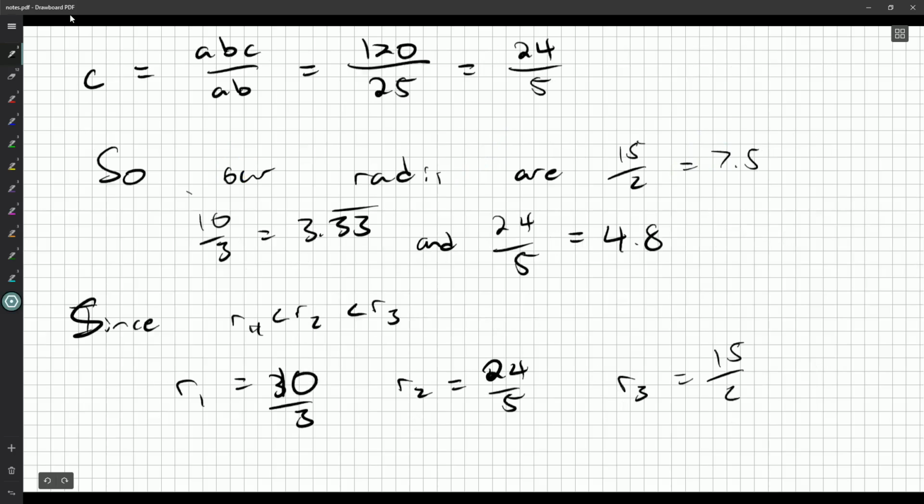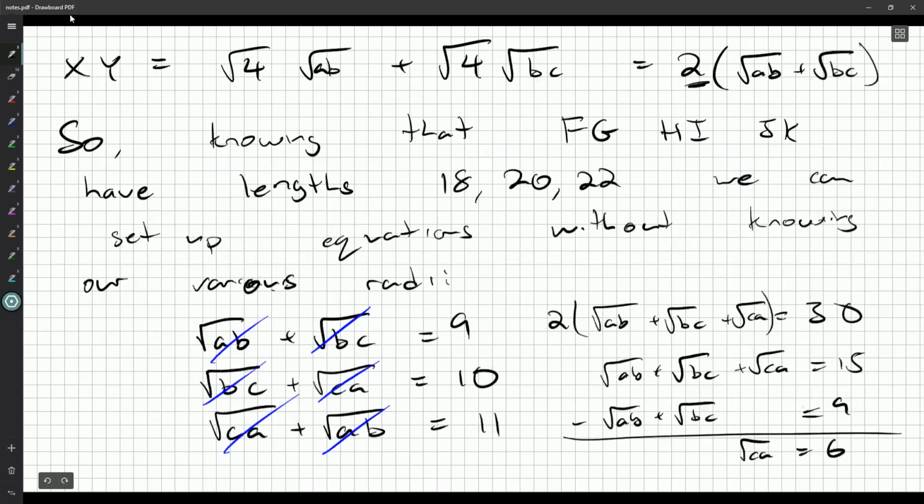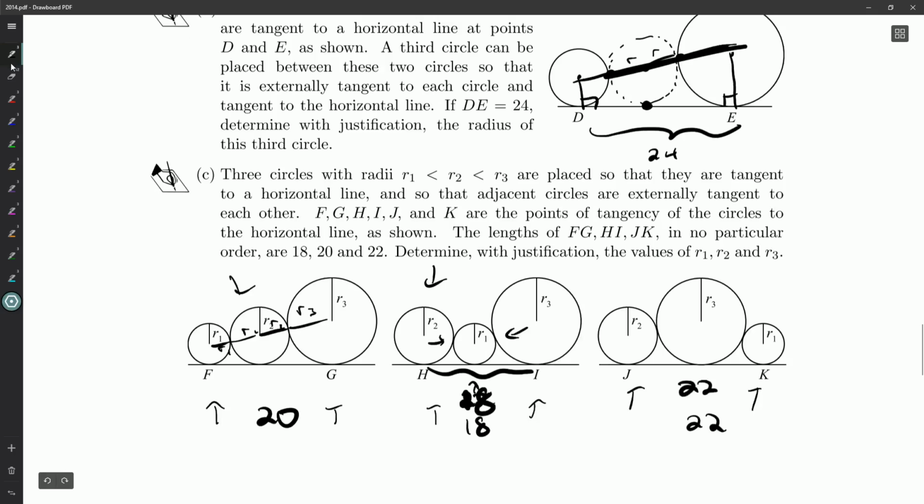So, the biggest one turned out to be A, and that was the one that appeared twice in the root 11, which means that this one here is the 22. And this one here would have to be the 18 and the 20, which is actually what I predicted just based on the pictures. But there we go.